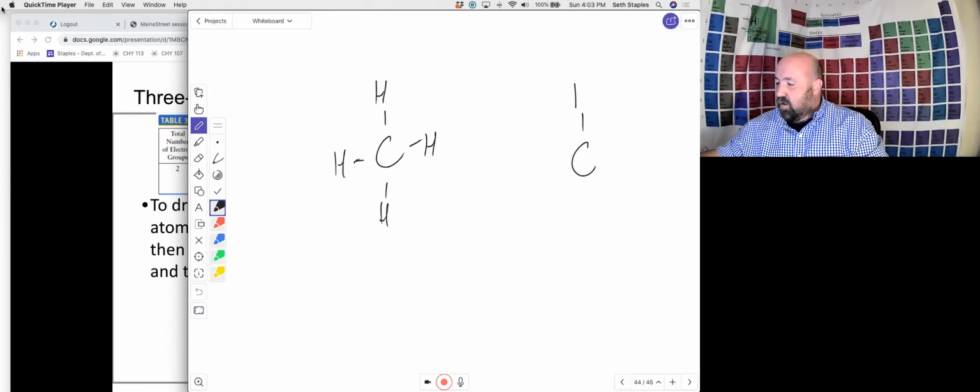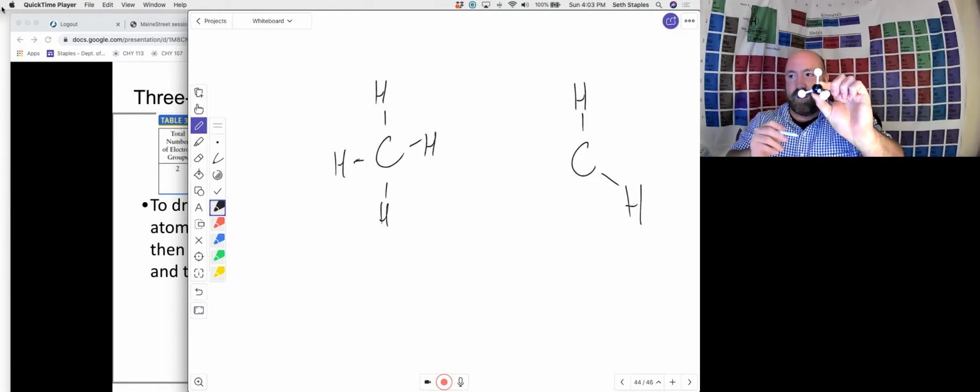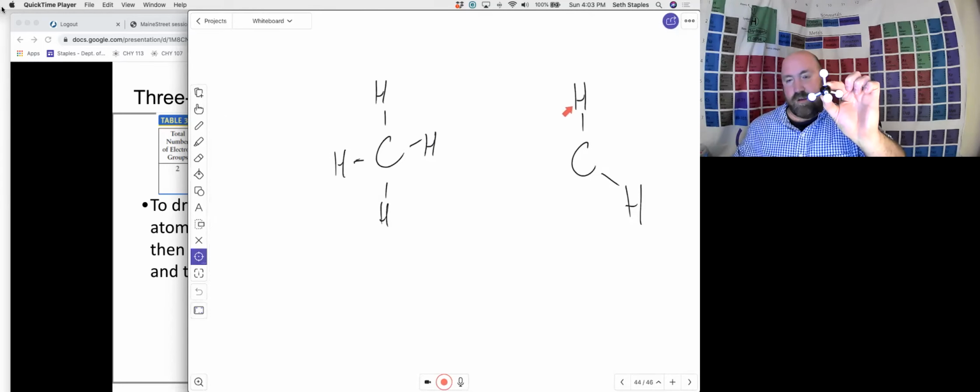We would have there's our C and 2 of our H's. So if I'm holding it like this, then there we go. You can sort of see it now. So here's 1 H, which would be equivalent to this H up here, and then down to the carbon, and then down to the other H, this one right here.